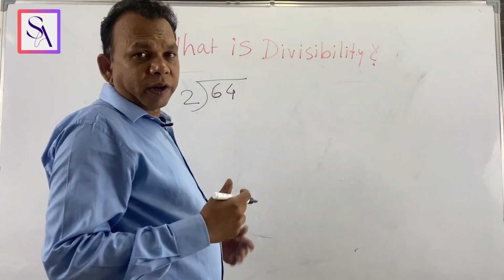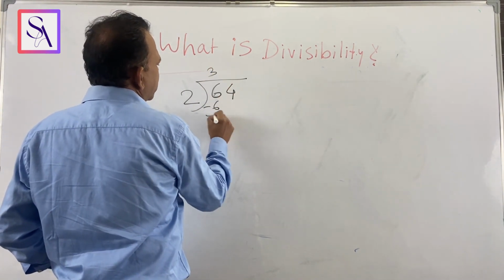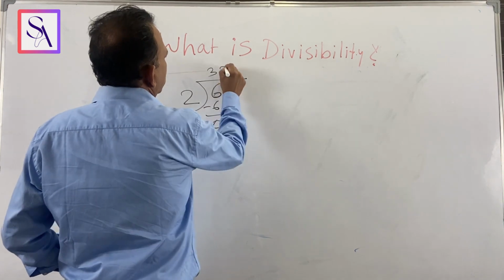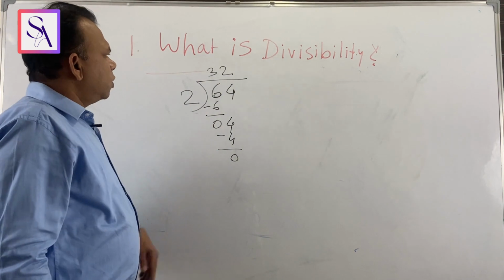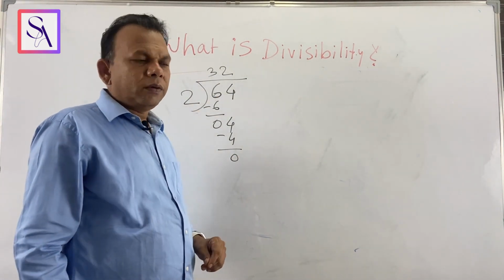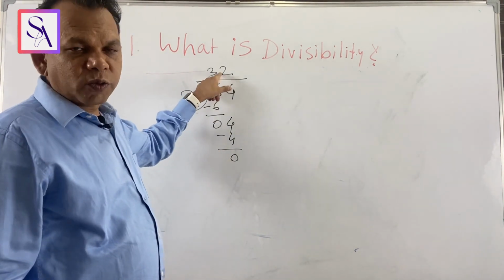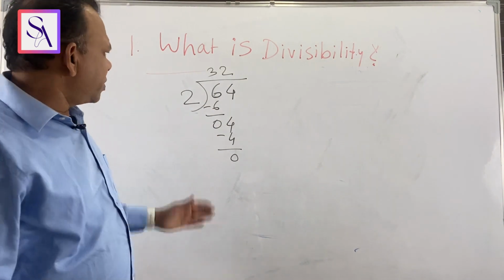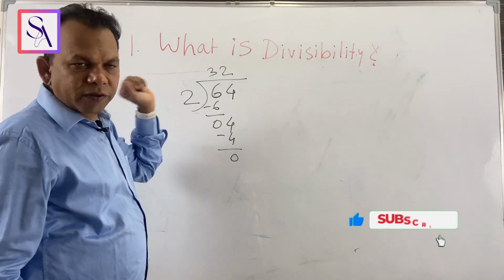How are we going to divide it? 2 threes are 6, 2 twos are 4. So 2 can divide 64 completely, right? Remainder is 0 and quotient is 32. So it means that 2 can exactly divide 64.